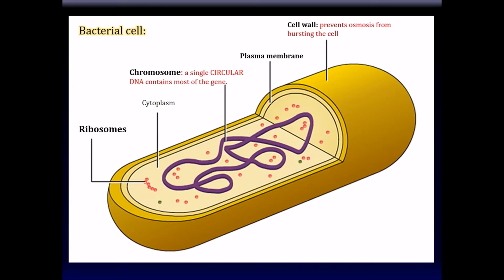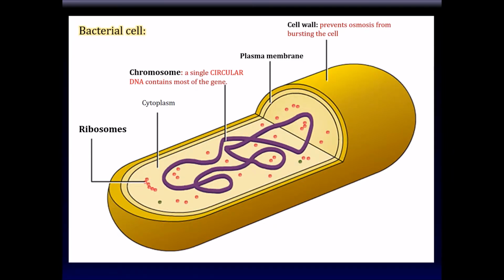The chloroplast has its own DNA. That's weird in itself, right? It has its own DNA that's distinct from the cell's DNA. Circular, non-circular? Circular. Remarkable coincidence, huh? Okay.